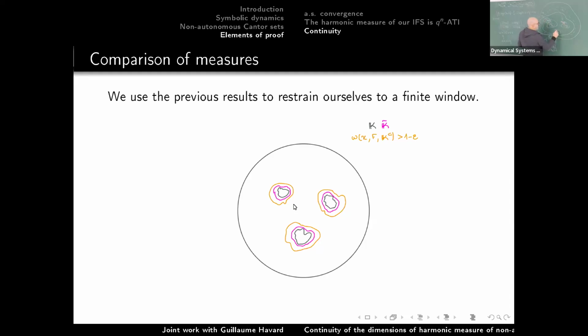These are my level sets. When we're inside the red line, the value of omega is bigger than 1 minus epsilon. And now what I have to do is take the contractions to be close enough, that is, the second IFS to be close enough to the first one, in order for the cylinders of the second to be inside of this red line.